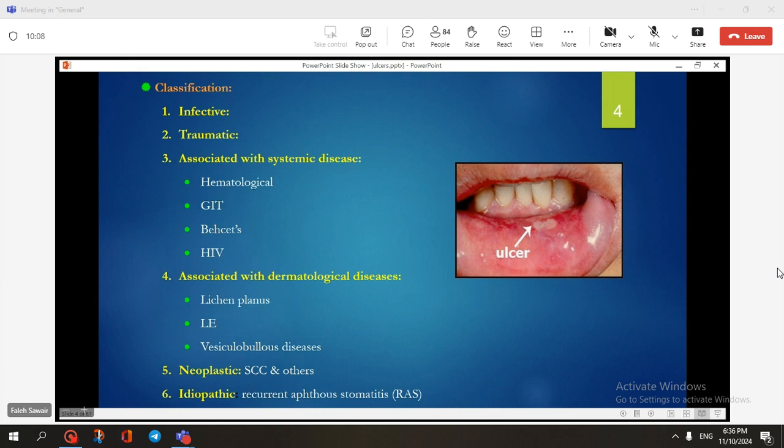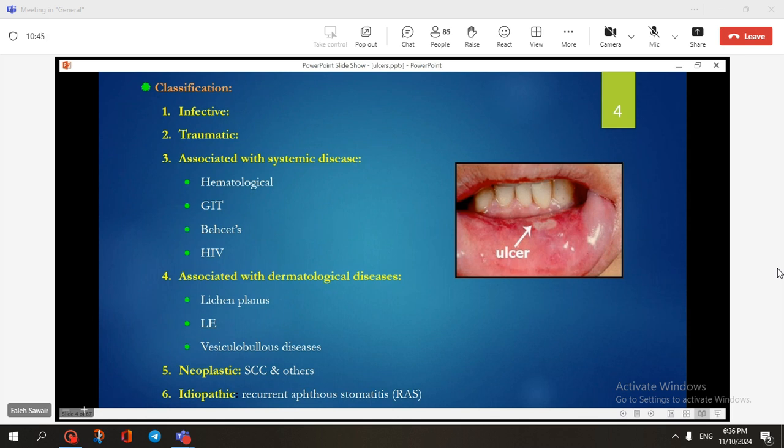And more significantly, sometimes the oral ulcers could be neoplastic. So they could be a cancer. Like, for example, if you remember, squamous cell carcinoma can present as oral ulcer, or sometimes other malignancies other than squamous cell carcinoma, malignancies of the connective tissue or the epithelium, and present with ulcers, or sometimes metastatic tumors from other areas of the body to the oral cavity can also present with ulcers.